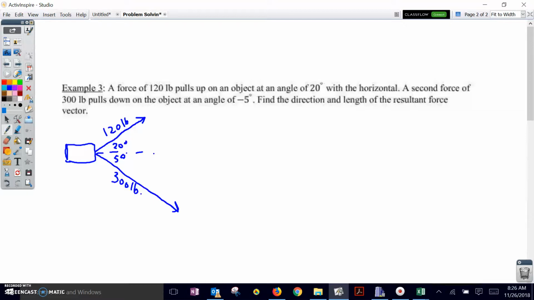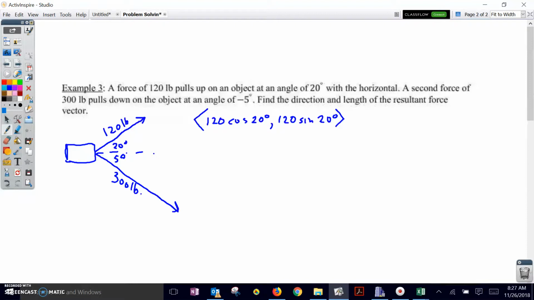So in order to get this resultant force vector, we need to add the two individual vectors together. The first vector, if we break it down into component form, is going to be 120 times the cosine of 20 degrees as its x component, and 120 sine of 20 degrees as its y component.